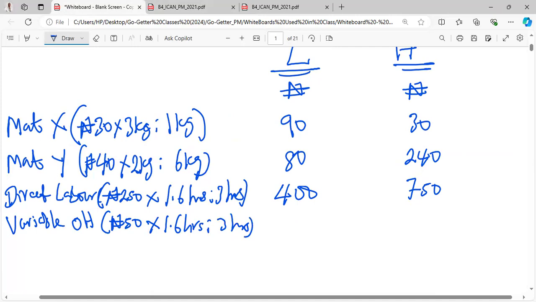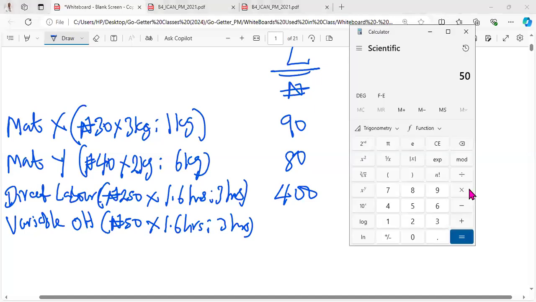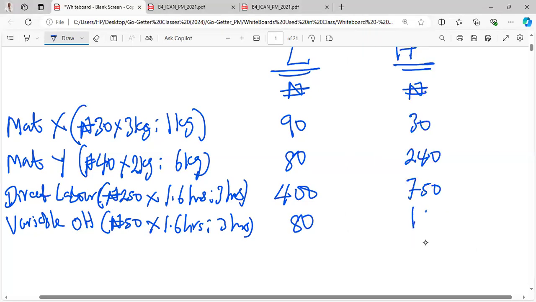So we do the first one. 50 multiplied by 1.6 gives me 80. Here will give me 150. Okay, so when that is done, this is all the variable costs here.